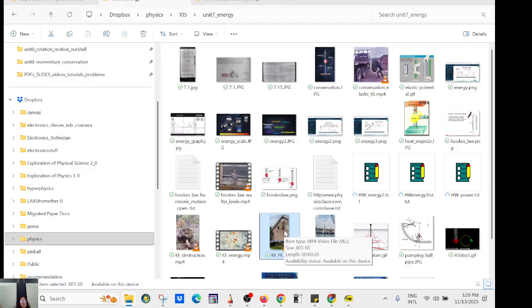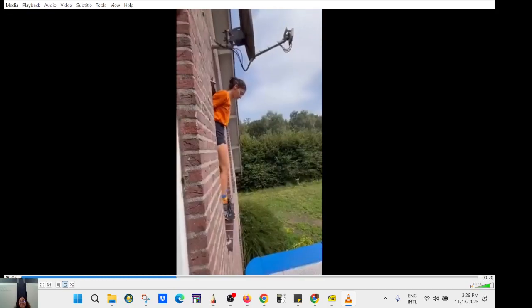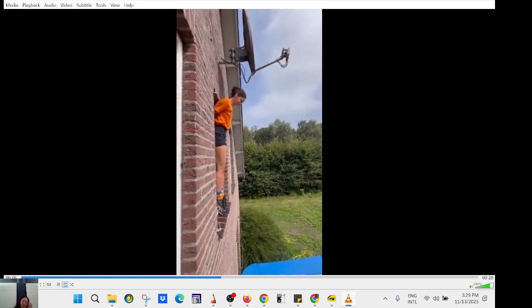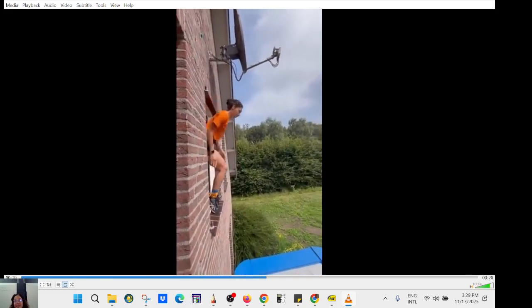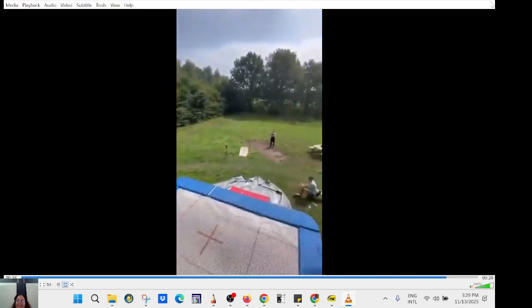Of course, you're going to lose to air resistance, but if you don't do it too long, not too much, right? So potential, kinetic, elastic, kinetic, potential. Isn't that cool?